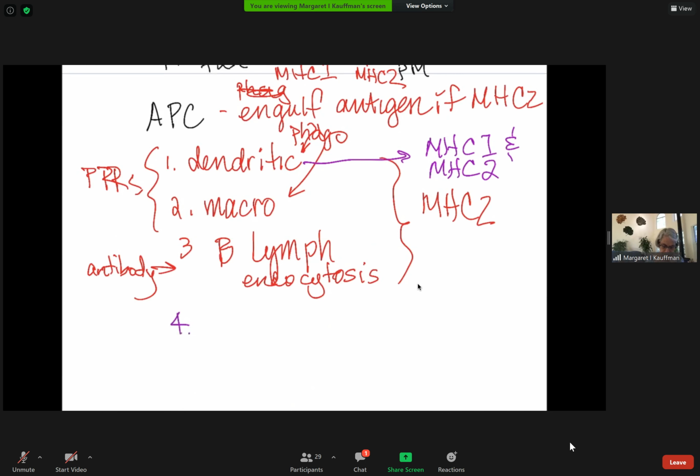So number 4 in here, and I would agree with most books, they don't generally call these antigen presenting cells. But if you are a body cell that's infected with a virus and you put a viral protein, or if you have cancer, a cancer protein on the outside, an abnormal protein on the outside of your cell, you're going to present that on an MHC1.